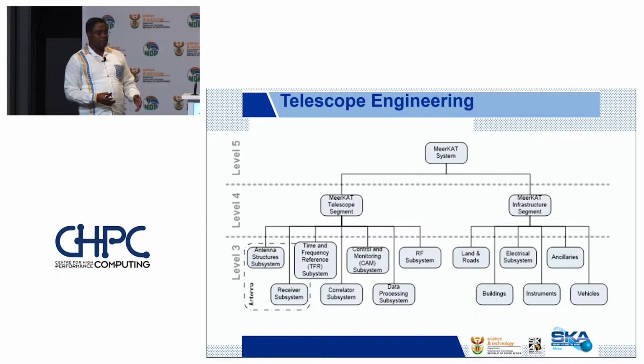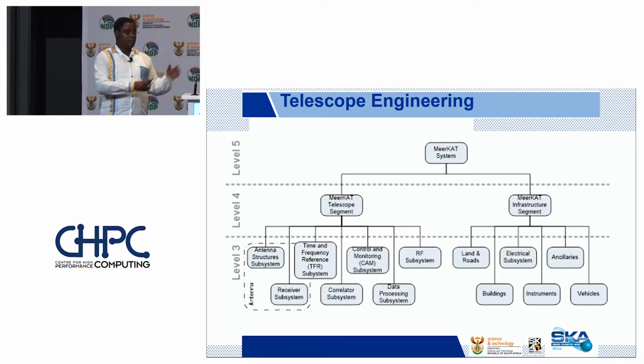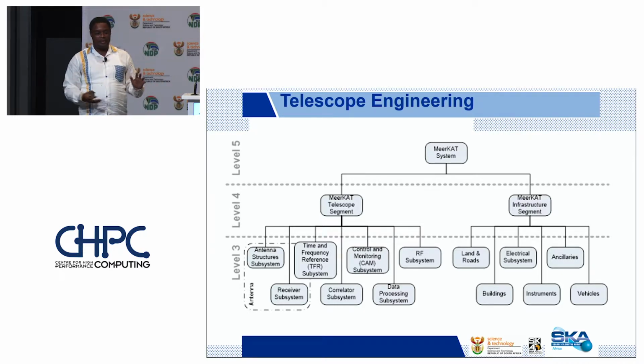Then you've got what you call the MeerKAT telescope segment, and that's where I fall in, technically. And in this space, you get the antennas structure subsystem. That's the so-called telescope that you see. The time and frequency references, the timing we use. Timing is important to us. Control and monitoring are the people who provide the system that allows us to know what's going on and control the system.